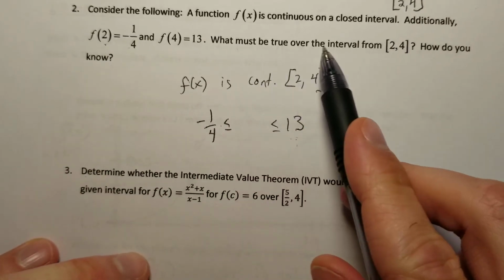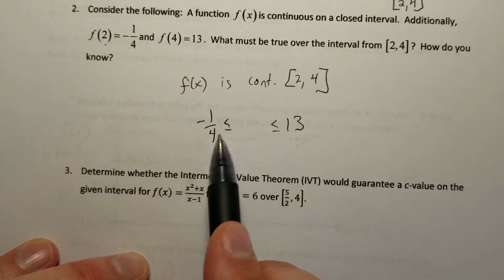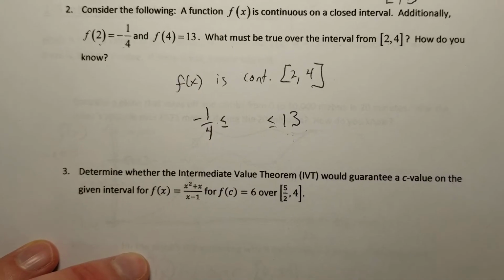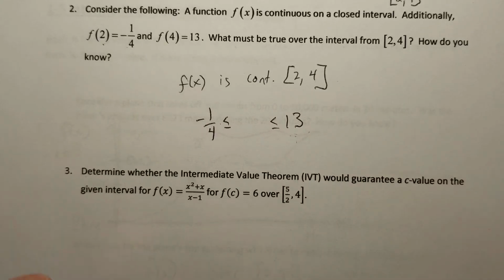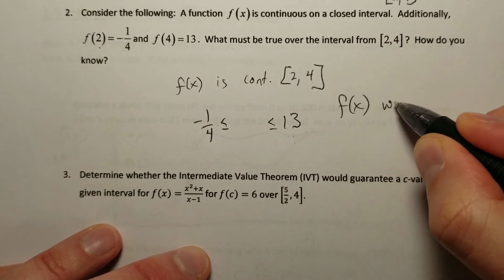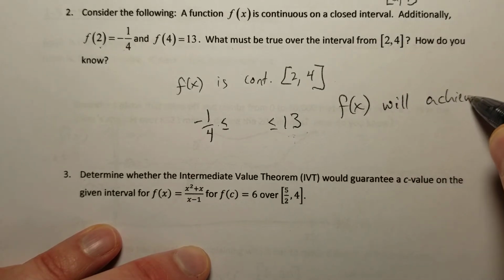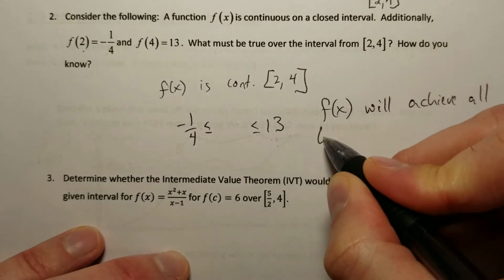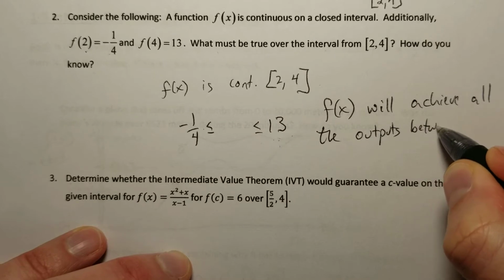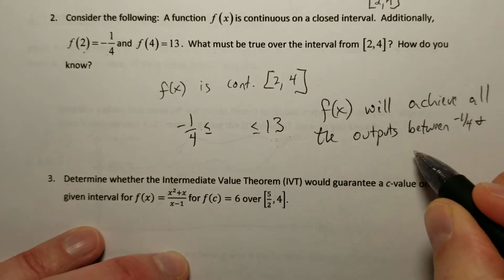So what must be true over the interval from 2 to 4 if we are continuous and we have an output of negative 1/4 to an output of 13? Well, what has to be true is that f of x will achieve all the outputs between negative 1/4 and 13.